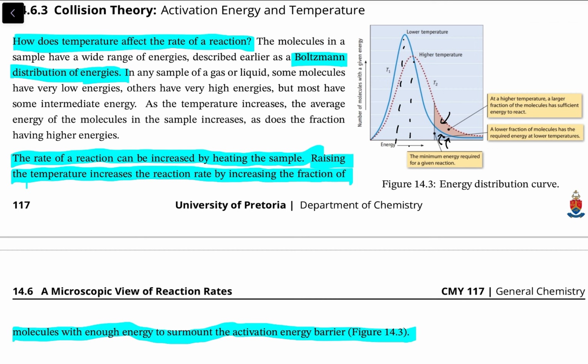So that is like your coffee in the morning. At a lower temperature, you don't have coffee in the morning, so hence you're not able to overcome the barrier, and then you do not attend class. If we increase the temperature and hence give you a cup of coffee in the morning, then you have enough activation energy to wake up, get ready, and come to class.